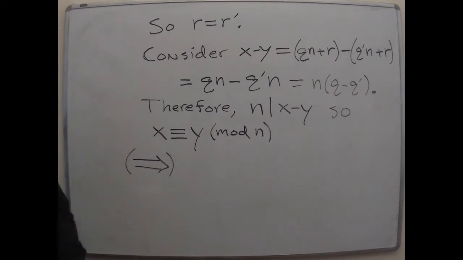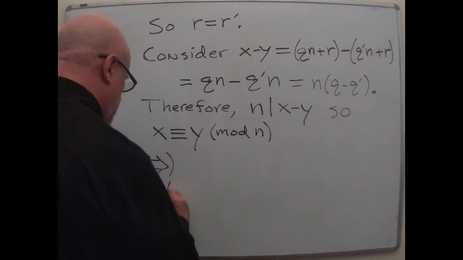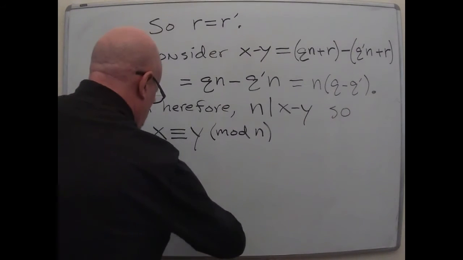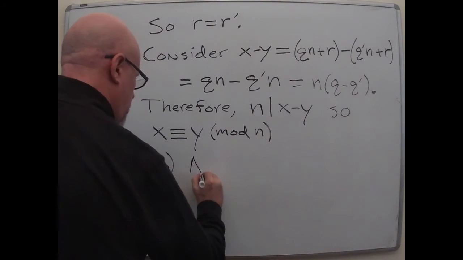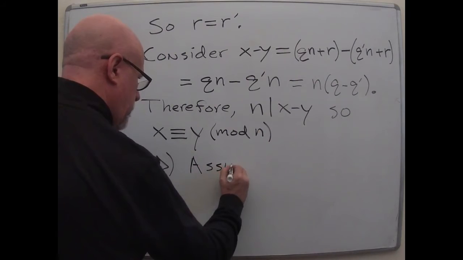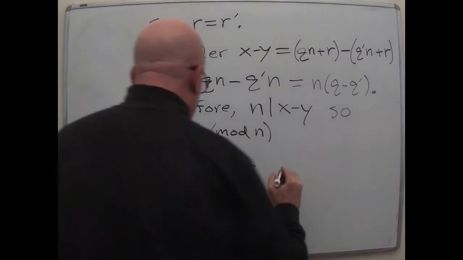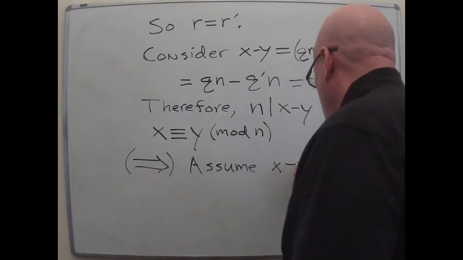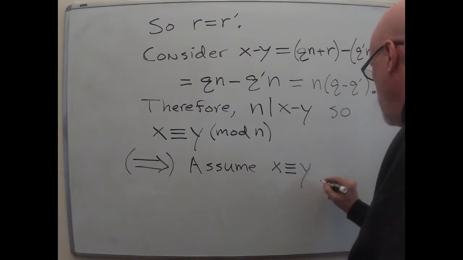Let's see, what does that mean? Well, here we're going to be assuming x is congruent to y, mod n. Now, I'm not going to break the line so that I conserve a little bit of space. Assume x is congruent to y, mod n.